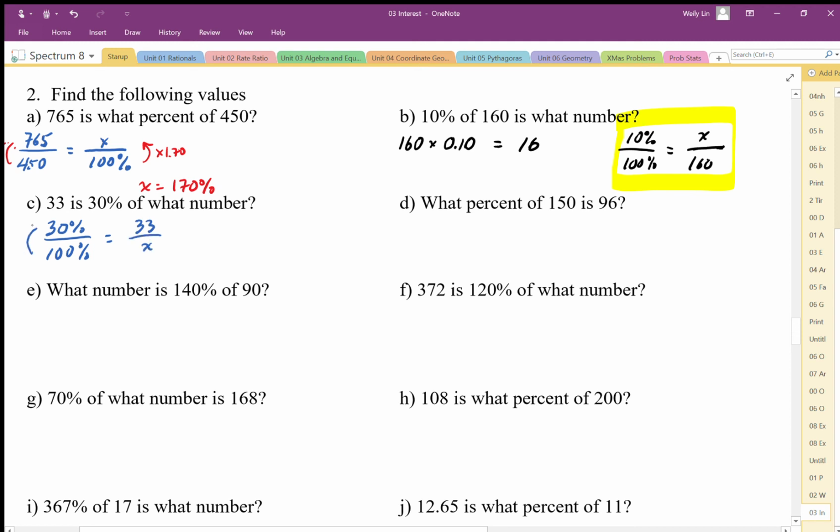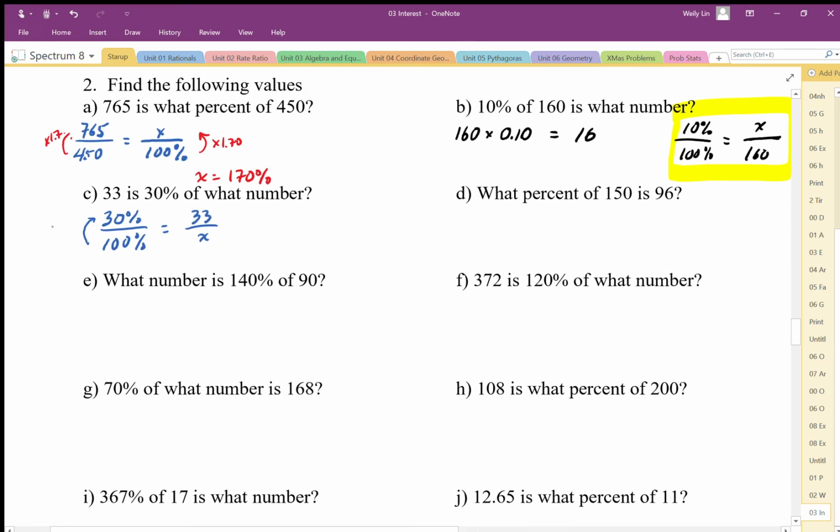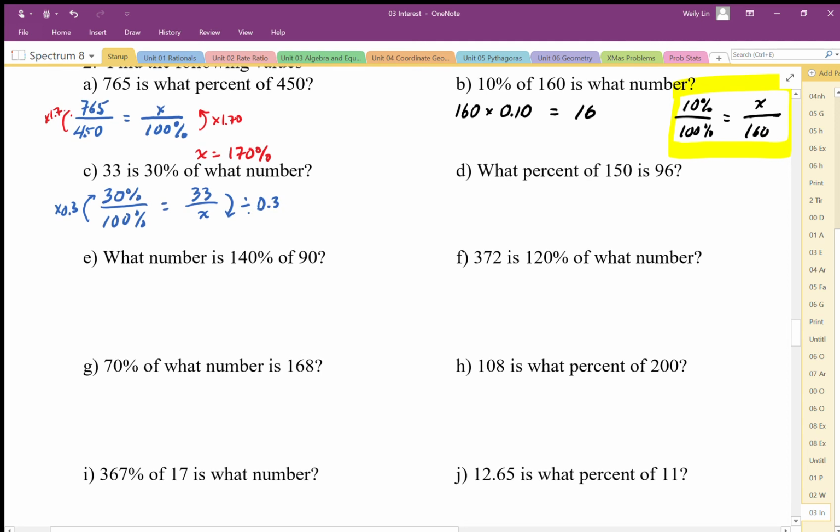My multiplier here is 0.3. There's my decimal percentage. I'm going the opposite direction, so I'm going to divide by that 0.3. Dividing by 0.3, I'm going to end up with 110. So x equals 110.